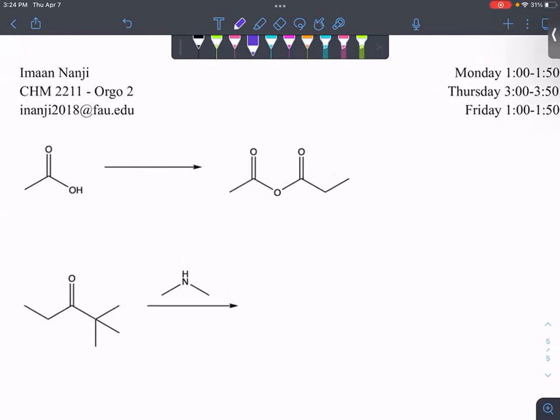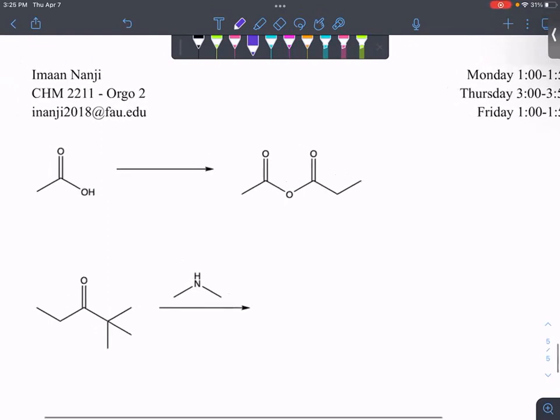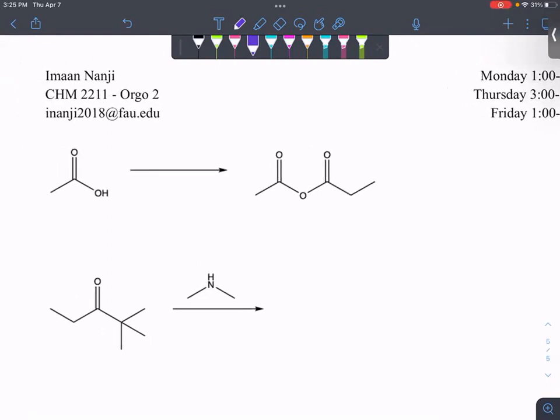So in this transformation, what was the missing reagent? Carboxylate ion, no. I mean, possibly, but no. So if you want to go from carboxylic acid to an acid anhydride, you react it with the appropriate acid chloride.